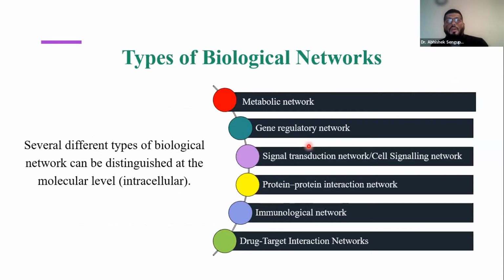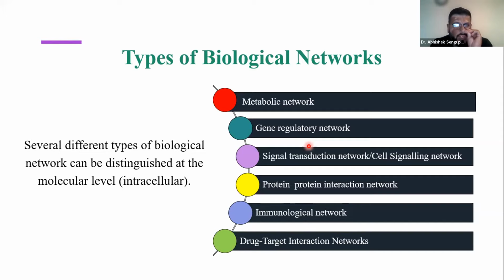On the basis of these nodes, edges and parameters, we have various types of biological networks. Biological networks could be of many types. Networks have no limit. You can make disease networks, disease gene networks, drug gene protein networks; there are various types of bipartite networks or graphs that you can make.